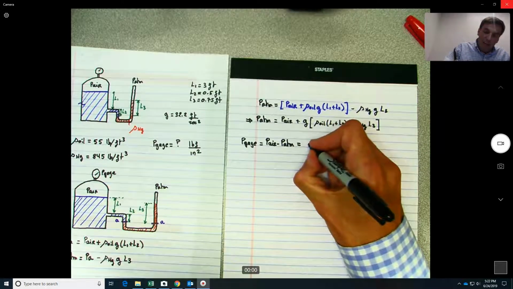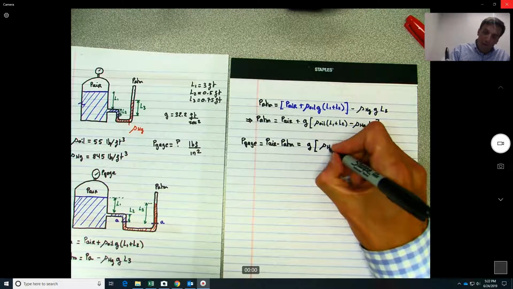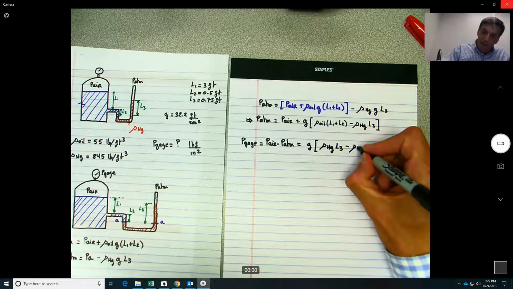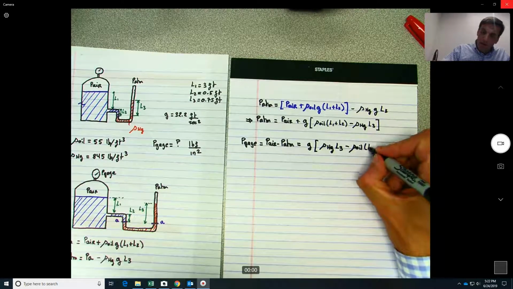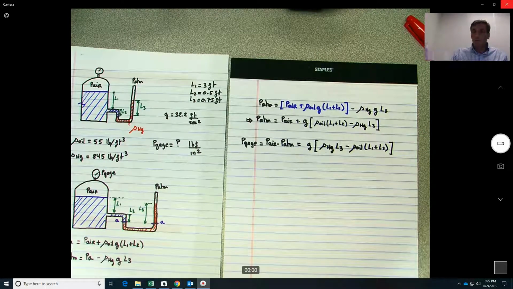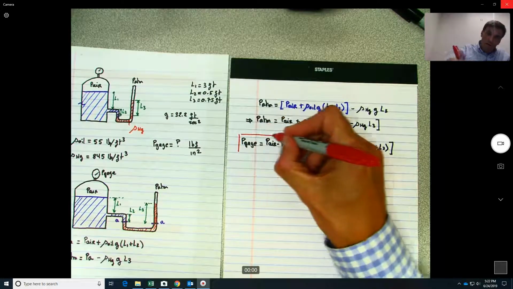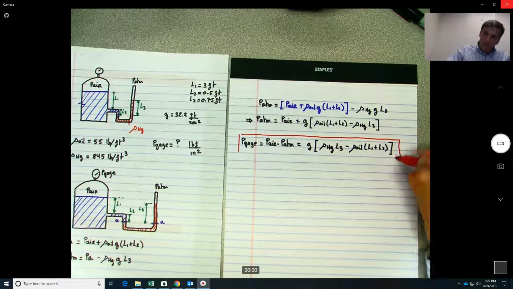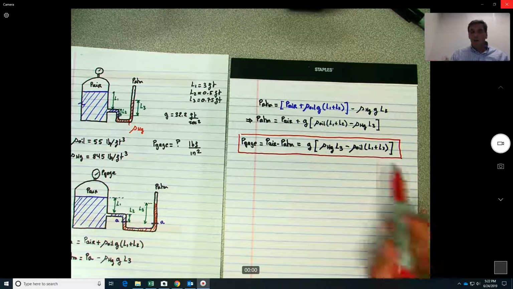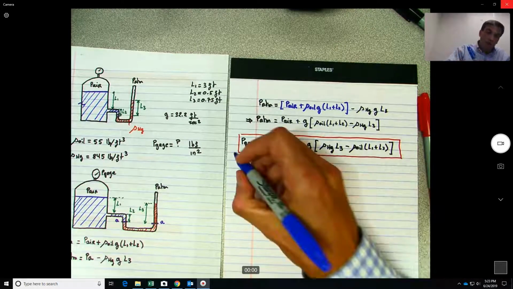So at the end I will have G times the factor of density of mercury L3 minus density of the oil (L1 plus L2). Okay, so we know the densities, we know the lengths, so we can find the numerical value.